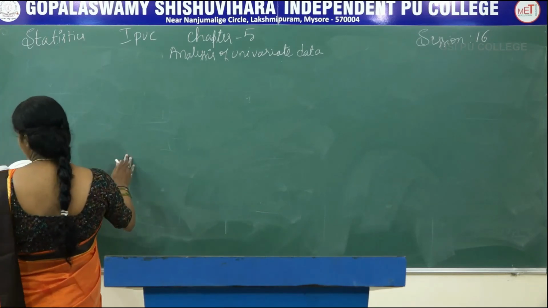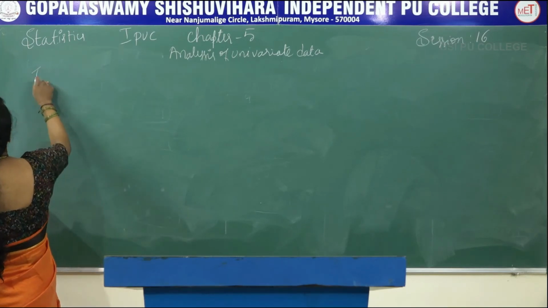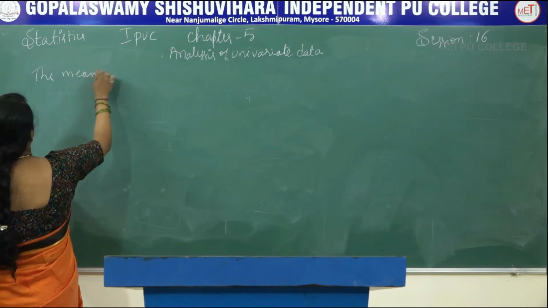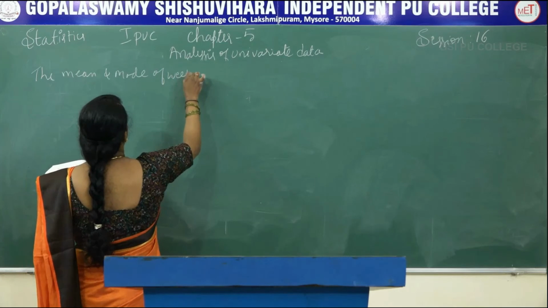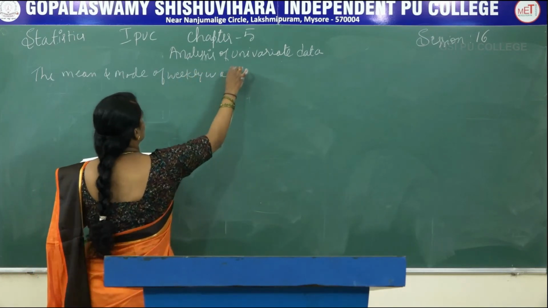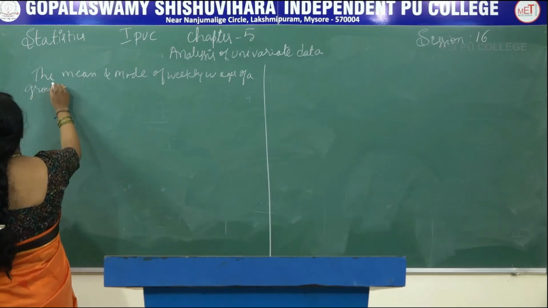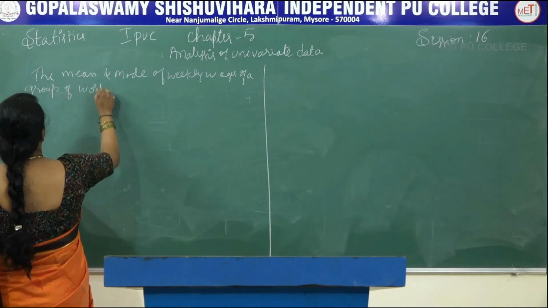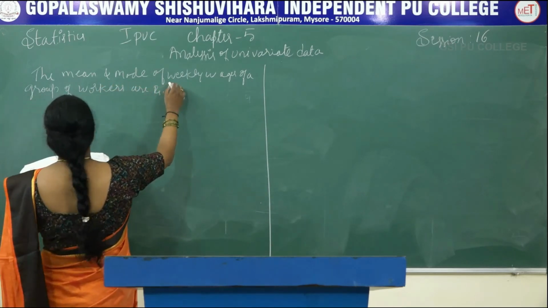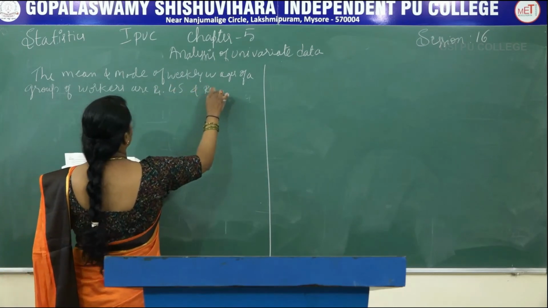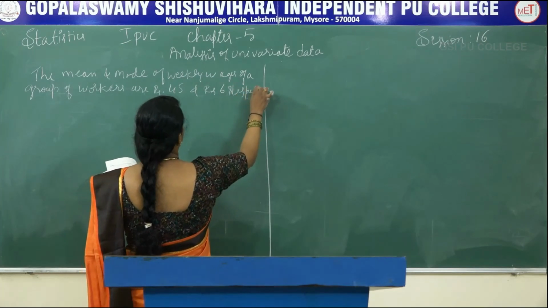Find the measures of skewness based on quartiles. We have completed and we'll move on to some other problems. 2 marks problem. The mean and mode of weekly wage of a group of workers are rupees 45 and rupees 6 respectively.